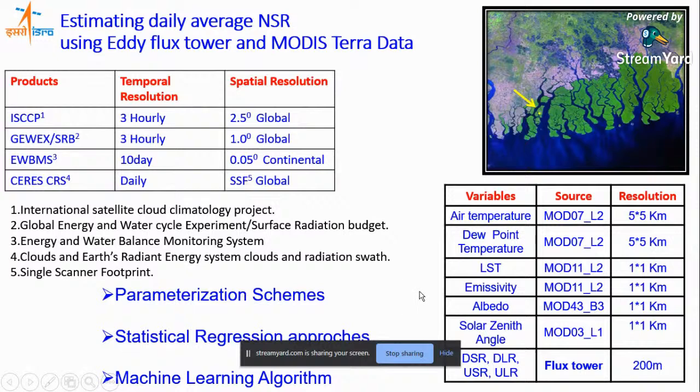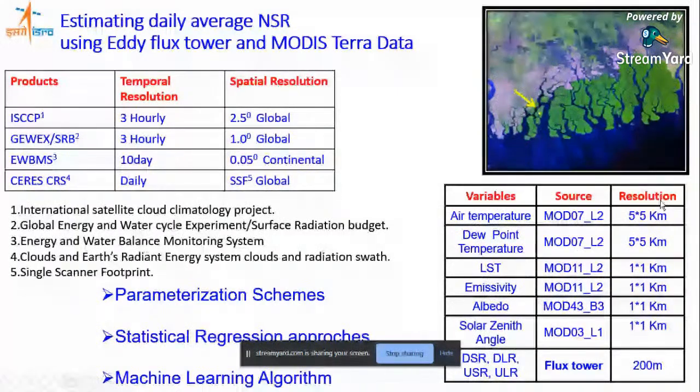We have different methods to estimate this net radiation, such as parameterization scheme, statistical regression approaches, and machine learning algorithms. At present, I am going to show the parameterization scheme, what we have used and how we have estimated. To use this parameterization scheme, I have used different products as listed here from the MODIS satellites, available at the resolution shown here.